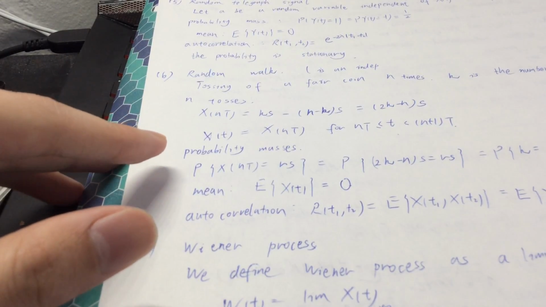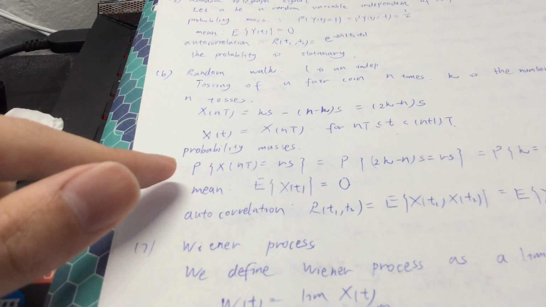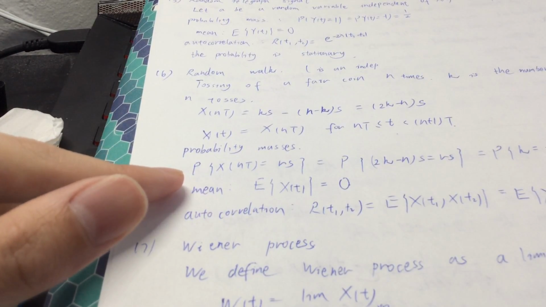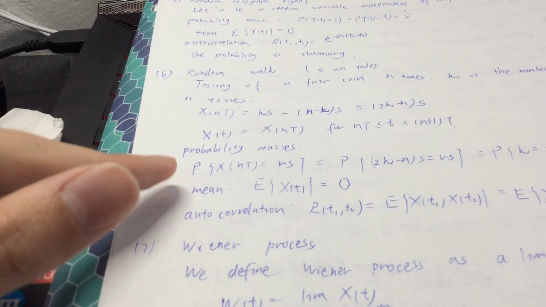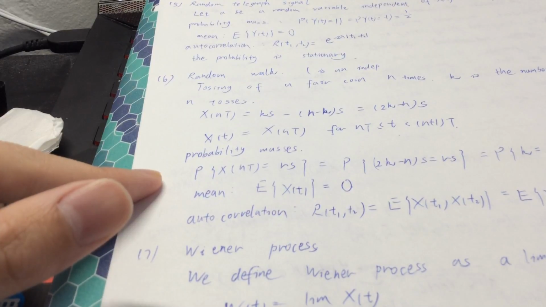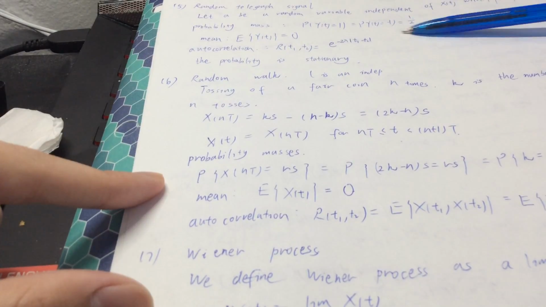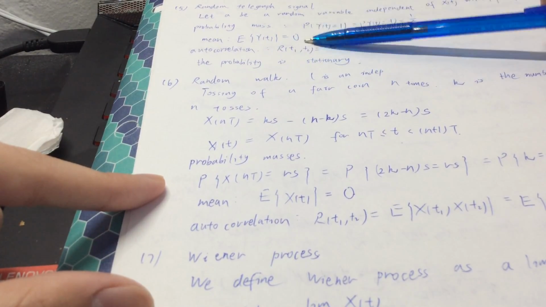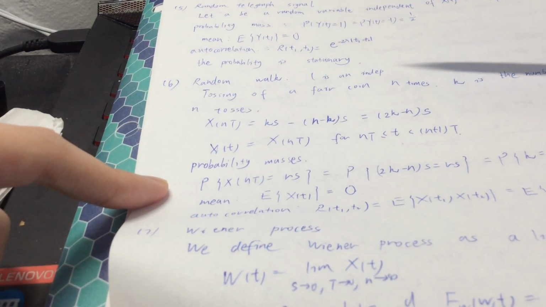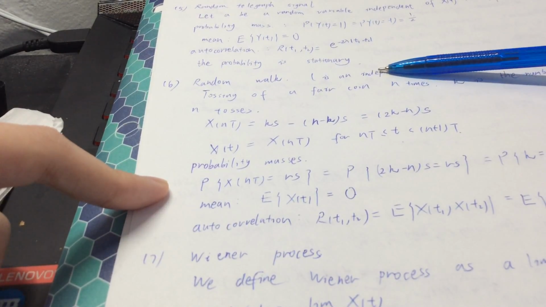Then we consider the random telegraph signal. This process is a little like the, how to say that, it's like the uniform process. The definition is listed here, and the mean is equal to 0, and the autocorrelation is like the semi-random telegraph signal.